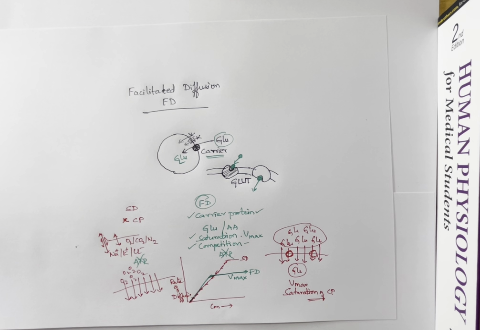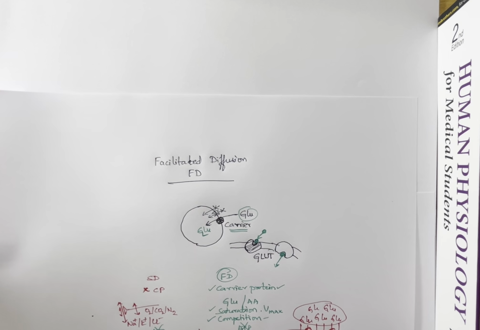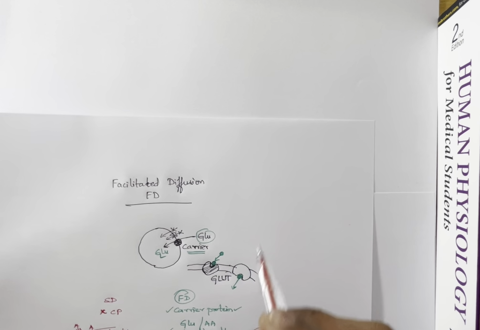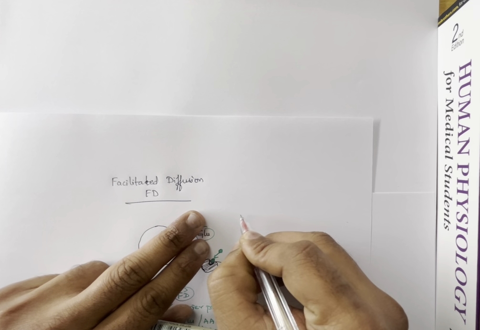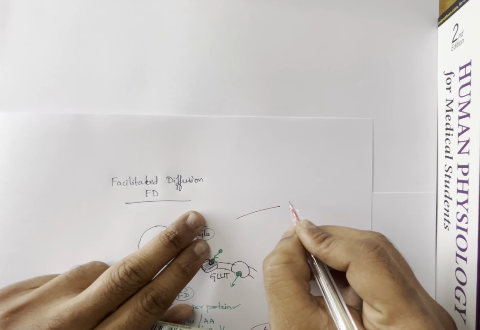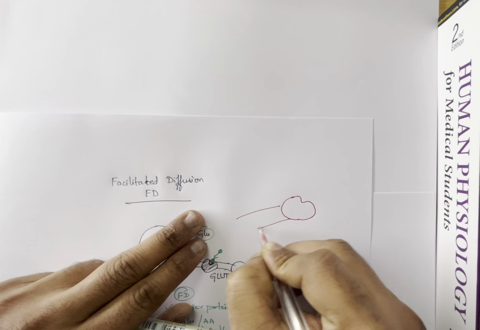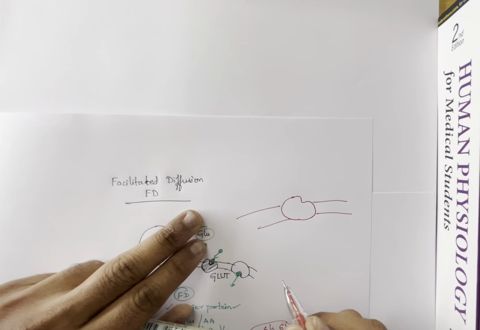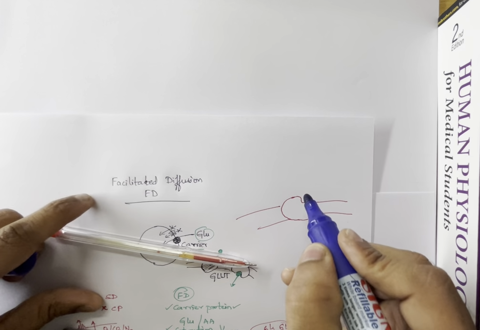Consider that facilitated diffusion is happening through the carrier proteins. This is a cell membrane, this is the carrier, and this is the binding site for the carrier.